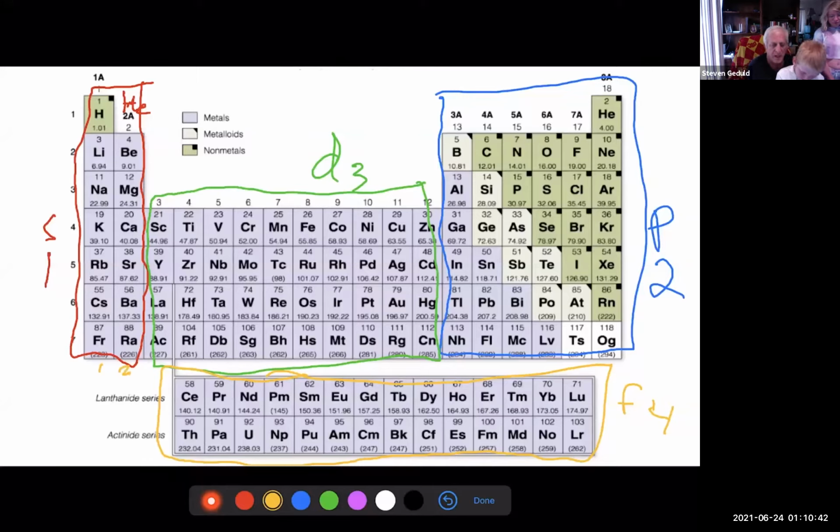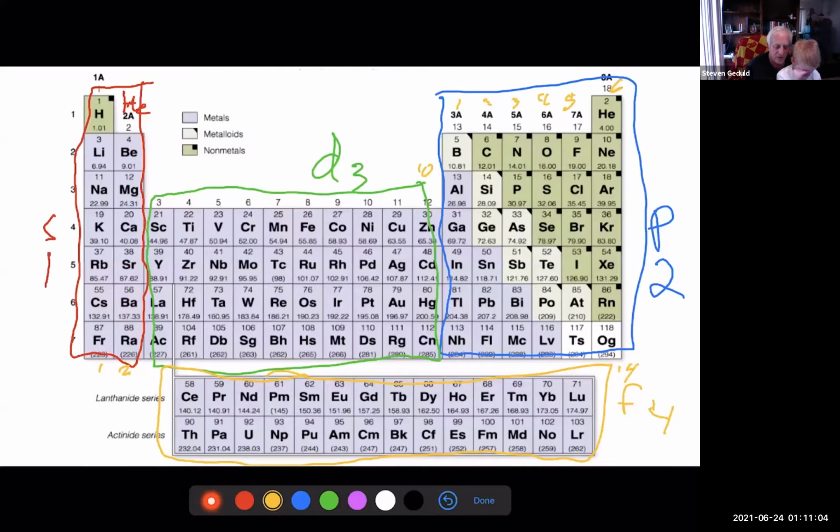For the P's, you have 1, 2, 3, 4, 5, 6, so you can always end with P6 for the completed section. The D's go to 10, and the F's go to 14. That's just the number of columns that we have.